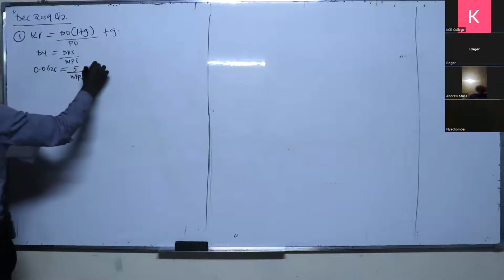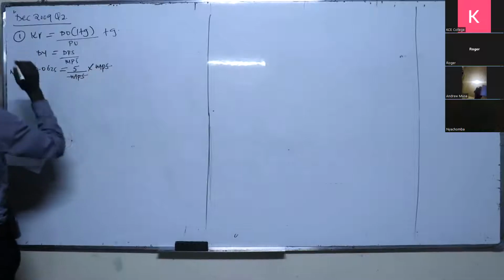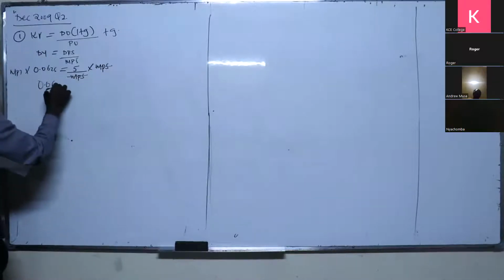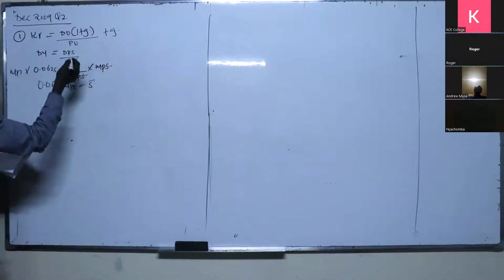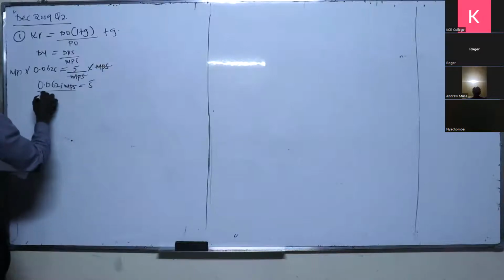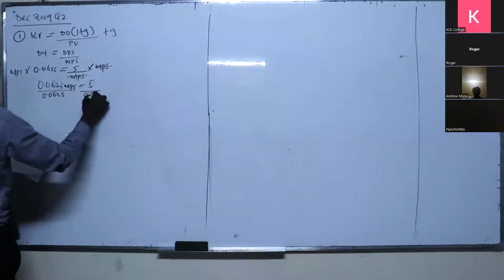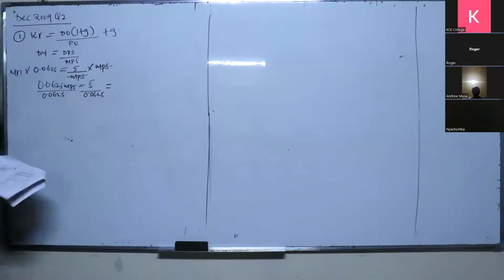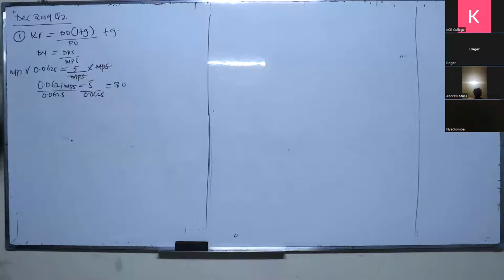So we multiply through by market price per share and we have 0.0625 MPS equals 5. And then we divide by 0.0625, so the market price per share is 80.